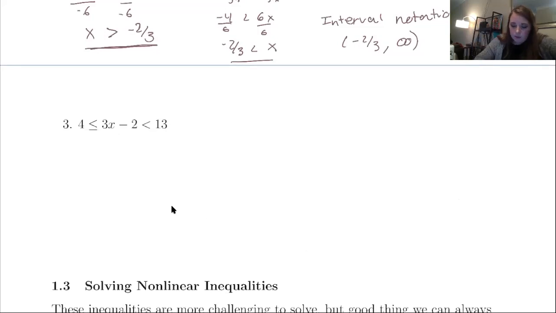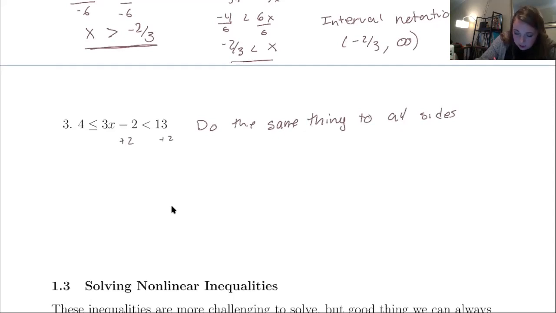So this is kind of doing something like this when I have two inequalities. Again, I'm going to do the same thing to all sides. So if I add 2, I'm just going to add 2 to all sides.